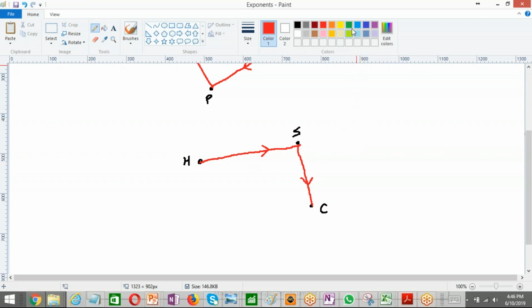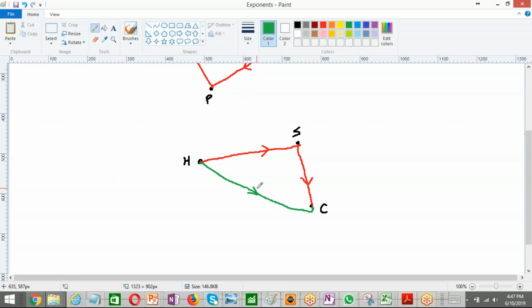Now, the shortest distance between your initial position and the final position is called displacement. That means if you take a straight line and join H with C, that is the shortest distance, and this shortest distance is called displacement.